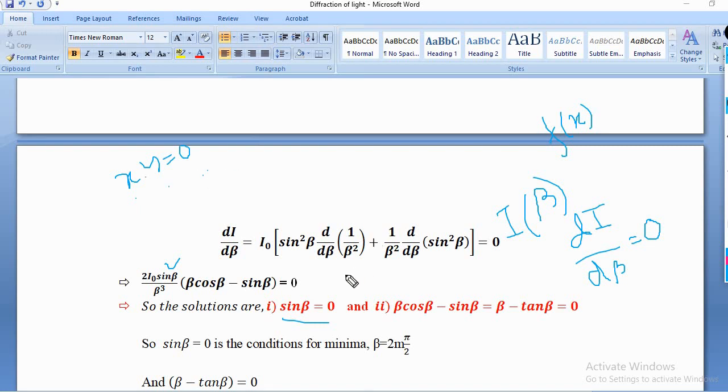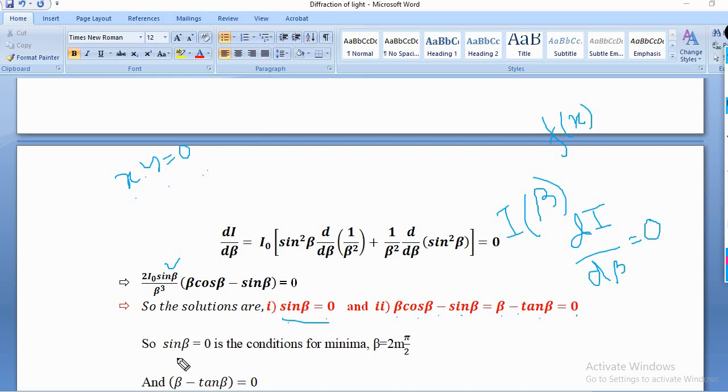You need to check both of them. In one case sine beta is equal to 0, and the other case is beta cos beta minus sine beta equal to 0. If you divide both sides by cos, this will be beta minus tan beta equal to 0.